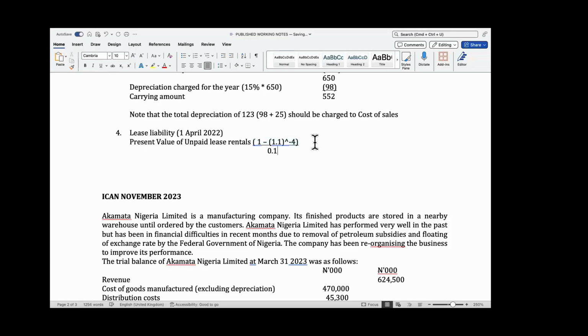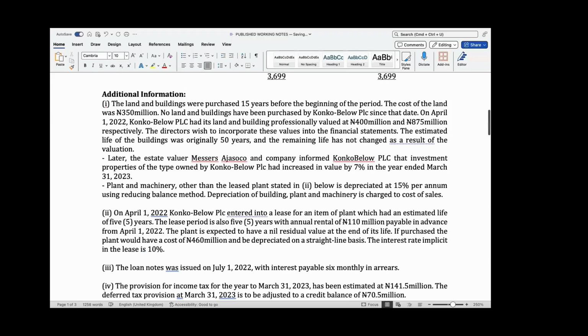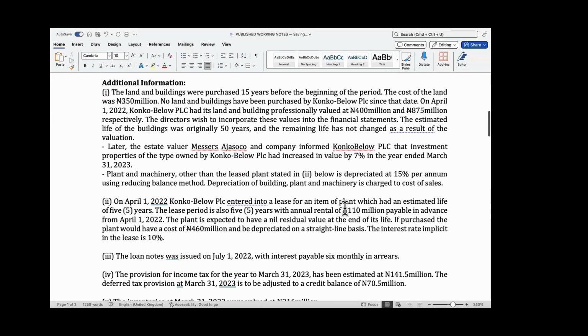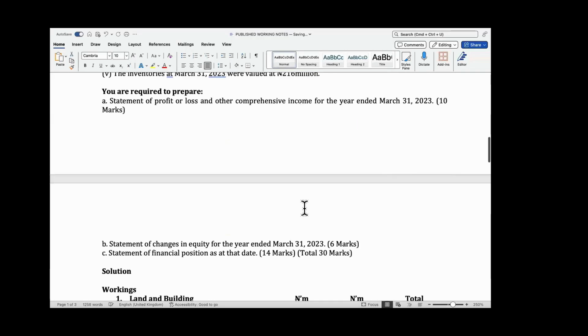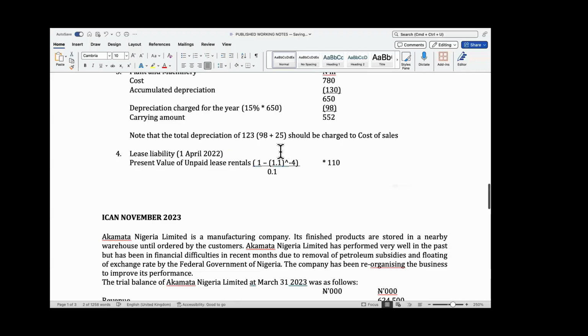This gives me the discount factor, which I'll multiply by the annual amount I'm paying, 110 million.